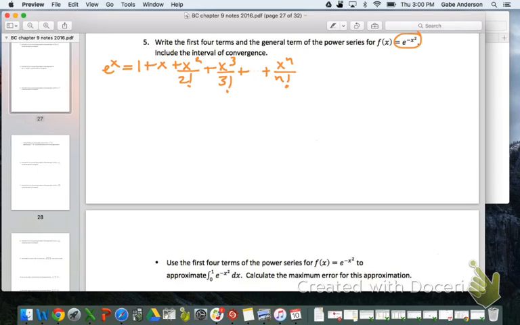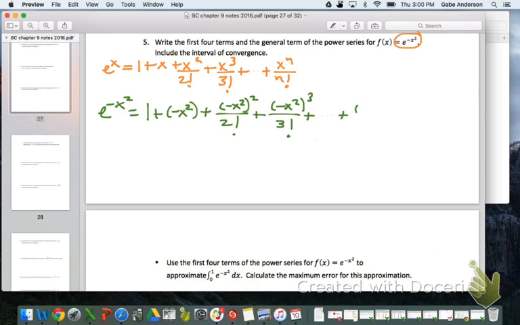It's going to be e to the negative x squared is equal to 1 plus negative x squared plus negative x squared squared over 2 factorial plus negative x squared cubed over 3 factorial plus ... plus negative x squared to the n over n factorial. So using substitution again, we've used that quite a bit, I've just replaced all of my x's with negative x squared.